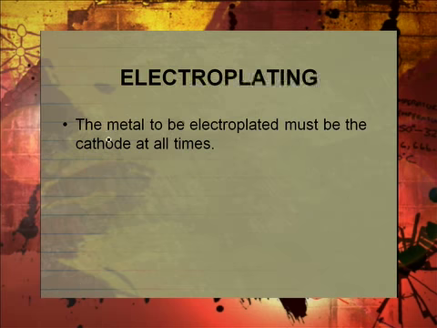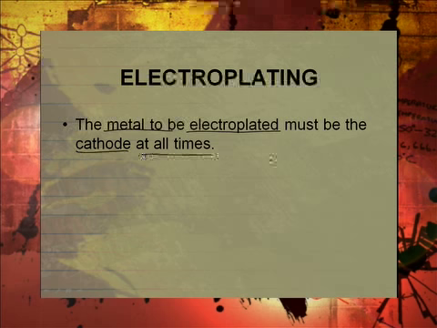When you want to electroplate something, the metal that is to be electroplated, if it's copper, to be electroplated with silver, that copper, which is the metal to be electroplated, must be the cathode at all times. In other words, you must remember, what is a cathode? This is where reduction occurs. Okay?